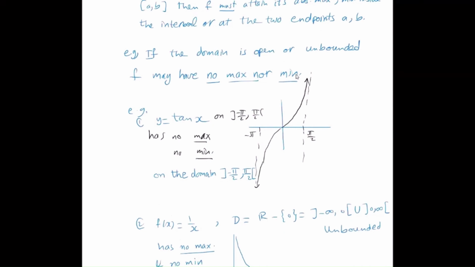For example, let's have one more, sin x, for example. What do we have? At 0 it's 0. At pi over 2, it's 1. And so on. It comes down and decreases.